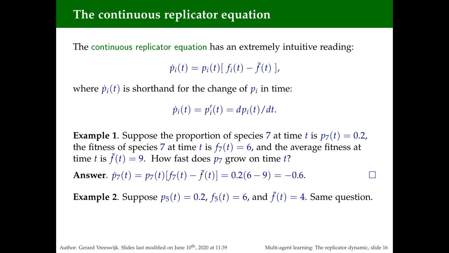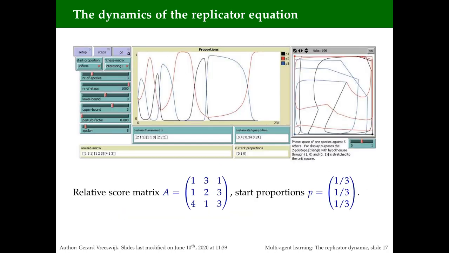Other example, same question, same calculation. So the dynamics of the replicator can be quite unpredictable. So you see here, this is the previous example, and then the dynamics. So black is the magnitude of proportion 1, red is the magnitude of proportion 2, and blue is the magnitude of proportion 3.